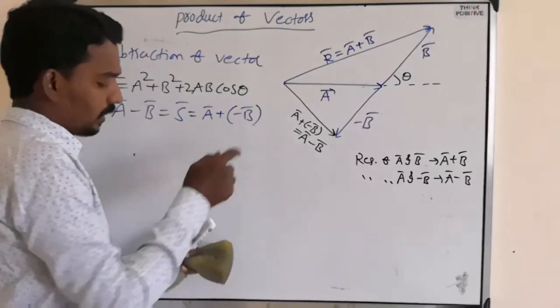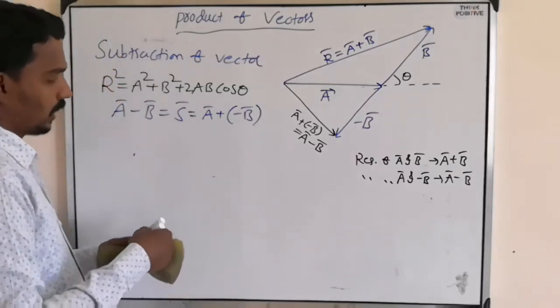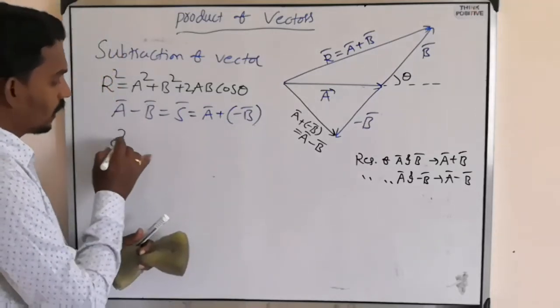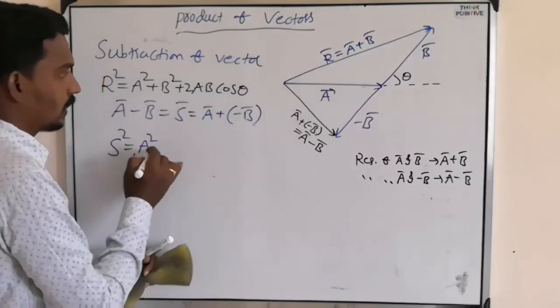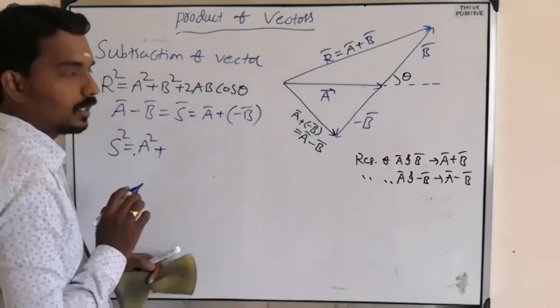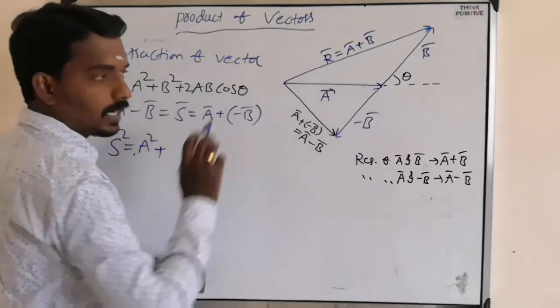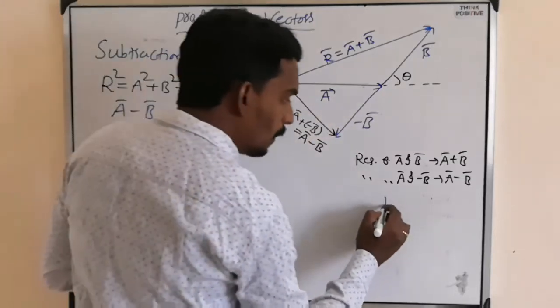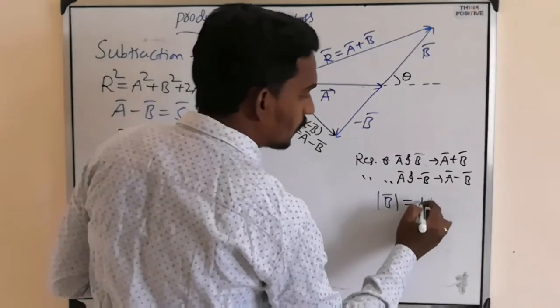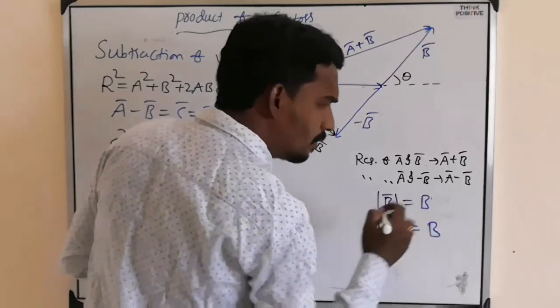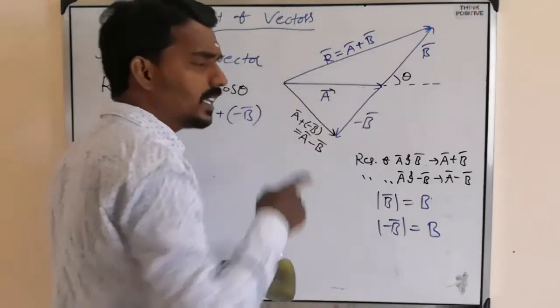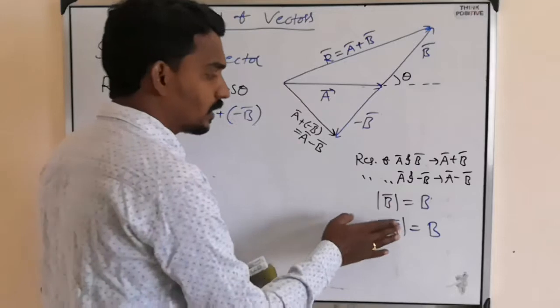But when you want to find this one, that is S square, the magnitude of S square equal to magnitude of A, same A square, magnitude of B, but here not B bar, here minus B bar. B bar magnitude B. What is minus B bar magnitude? Same B. Only direction is opposite, but magnitude is same.